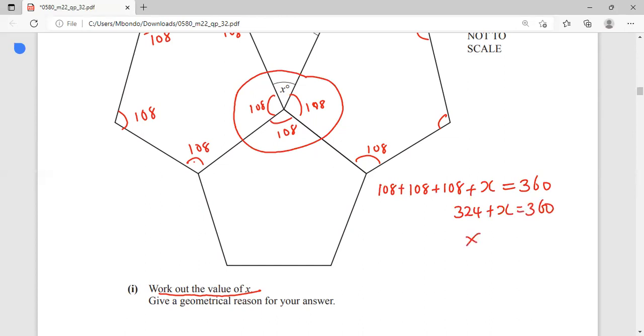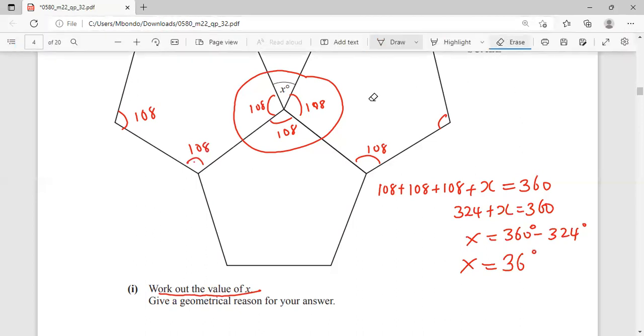x is equal to 360 minus 324. What do we get? We are going to get that the value of x is 36 degrees. So this angle here now is 36.